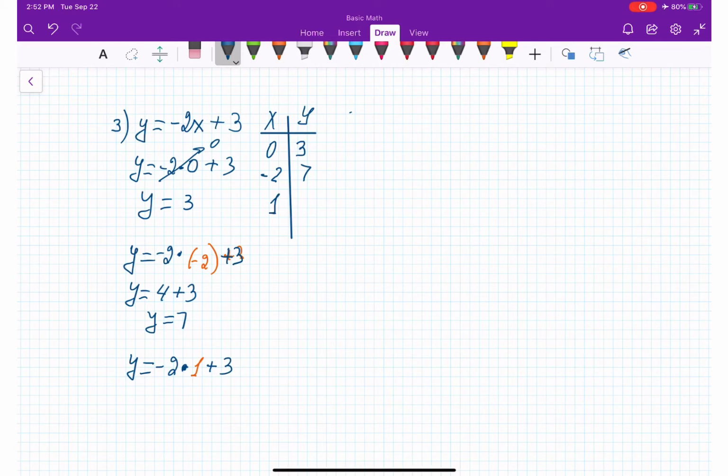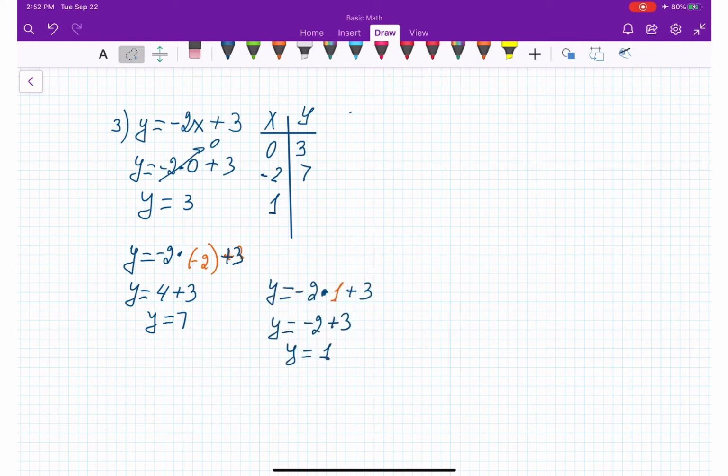Okay. So y is equal negative 2 times 1 is negative 2 and plus 3. And the answer is going to be 1. Okay, so I move here so as not to use too much space. And here we have 1.